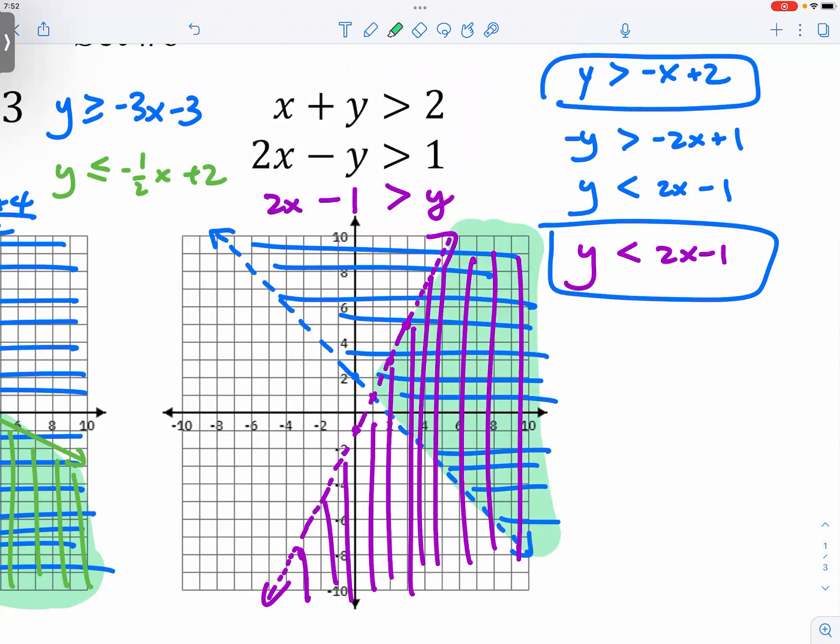Okay. All right, so that's how we call it our solution area, because any point in that highlighted region, the overlapped region, will make both inequalities true. Okay. And in this course, we've got to know what is true and what's false, and it's really easy to see. Okie doke.